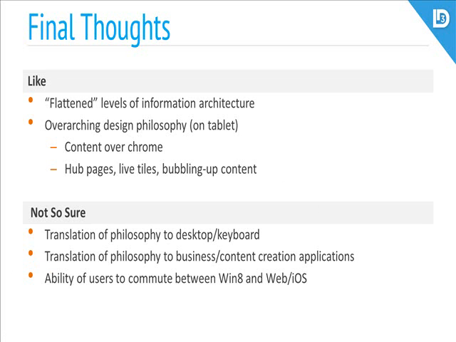So not only are users going to have to shift gears, change mental models between when they're using Windows 8 and when they're not. You might think, well, we'll learn what to do if I'm on my Surface, and then we'll learn what to do if I'm on the web.